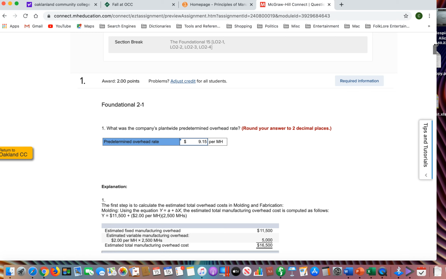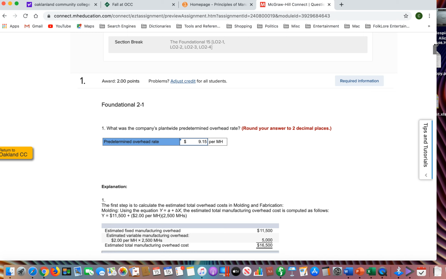A is the fixed cost, b is the $2 rate per machine hour, and x is the number of machine hours. So you get $16,500. You see the math there? It's really plain. It's right here in front of you, folks. That's for molding. Then you're going to go to the fabrication department and do the same thing.